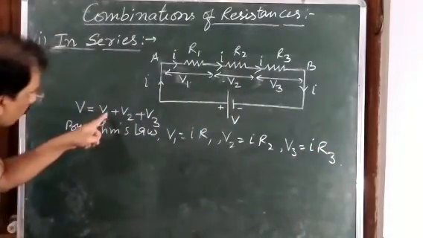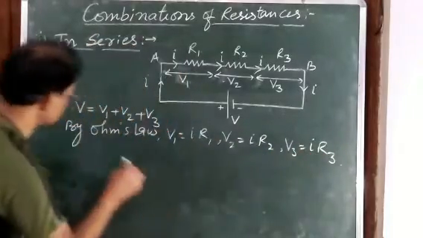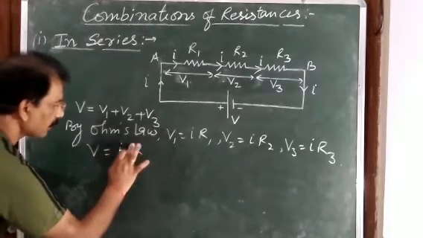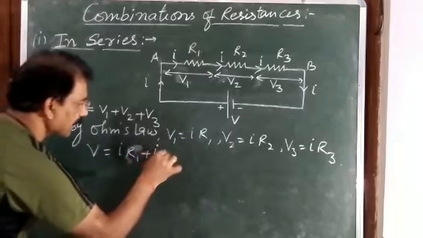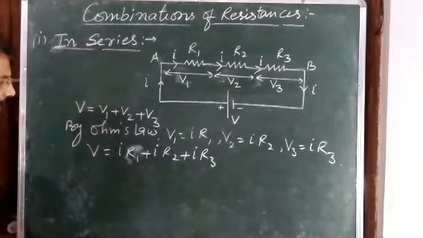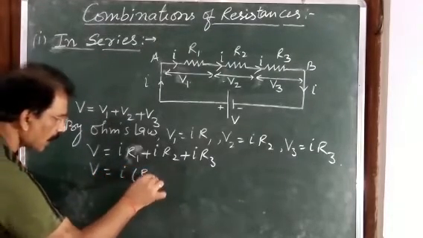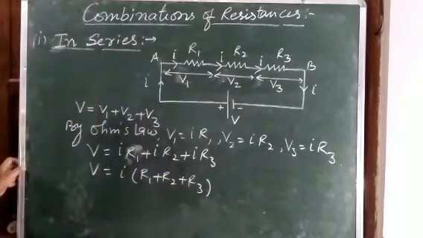Now in place of V1, V2, V3, you can put these values here. So now you can write V is equal to I R1 plus I R2 plus I R3. Or simply you can say V is equal to I times R1 plus R2 plus R3.